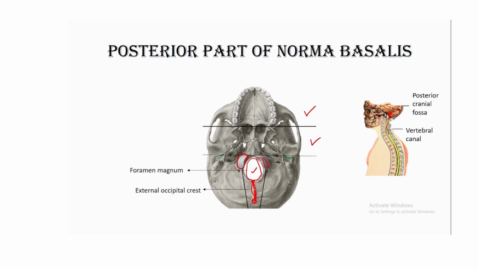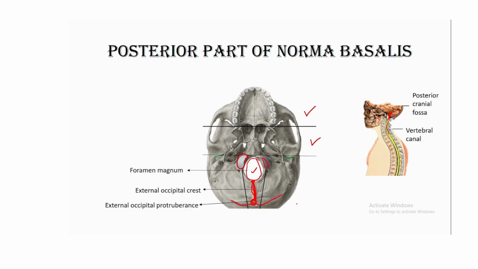This external occipital crest ends in the external occipital protuberance, a bony elevation at the back of the skull, which we have already learned in norma occipitalis. From the external occipital protuberance, two nuchal lines run towards the lateral side.